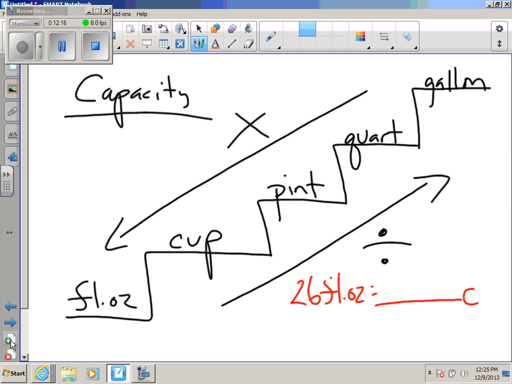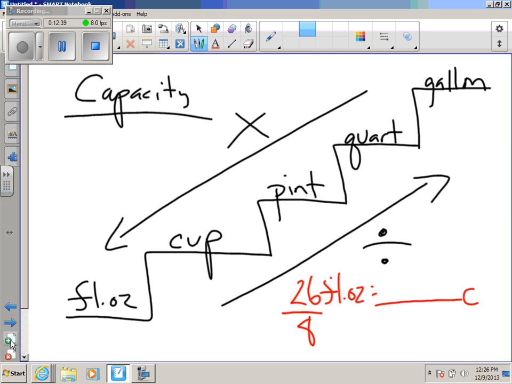26 fluid ounces is how many cups? Fluid ounces to cups going up, which means what operation? Division. Division by what? How many fluid ounces are in a cup? 8. So 26 over 8.